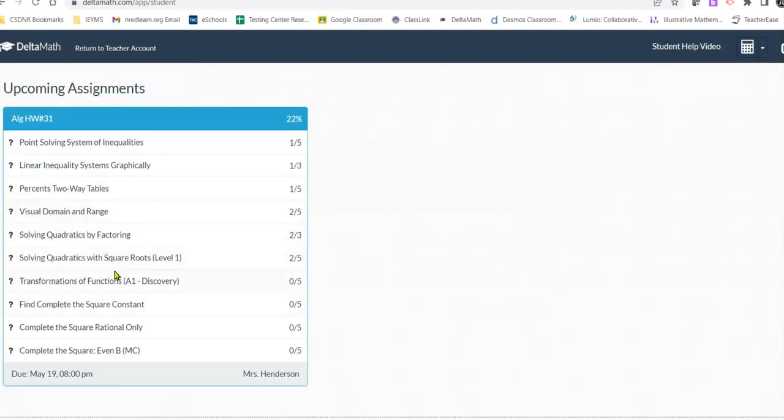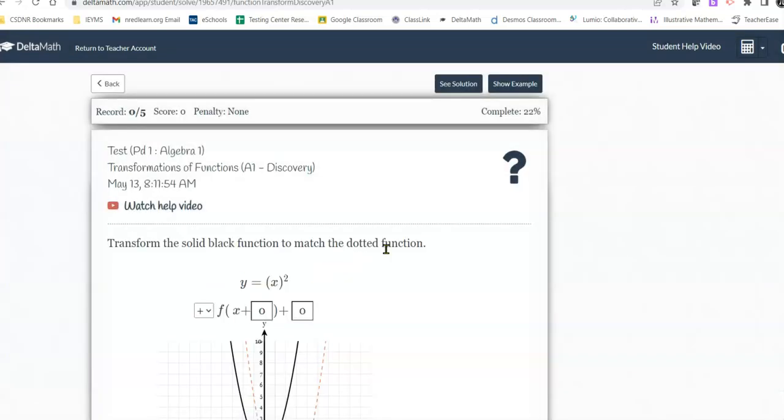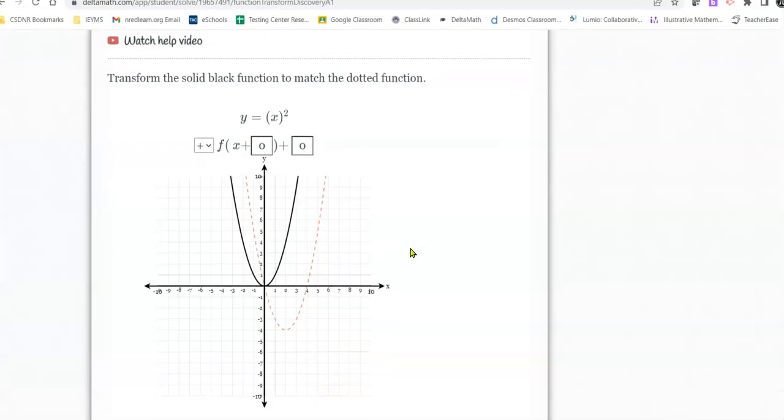And now we're going to start something new that we're learning this week, which is transformations of functions. So x squared, which is our parent function, is this black parabola here. That is the parent function, and we want to shift it.